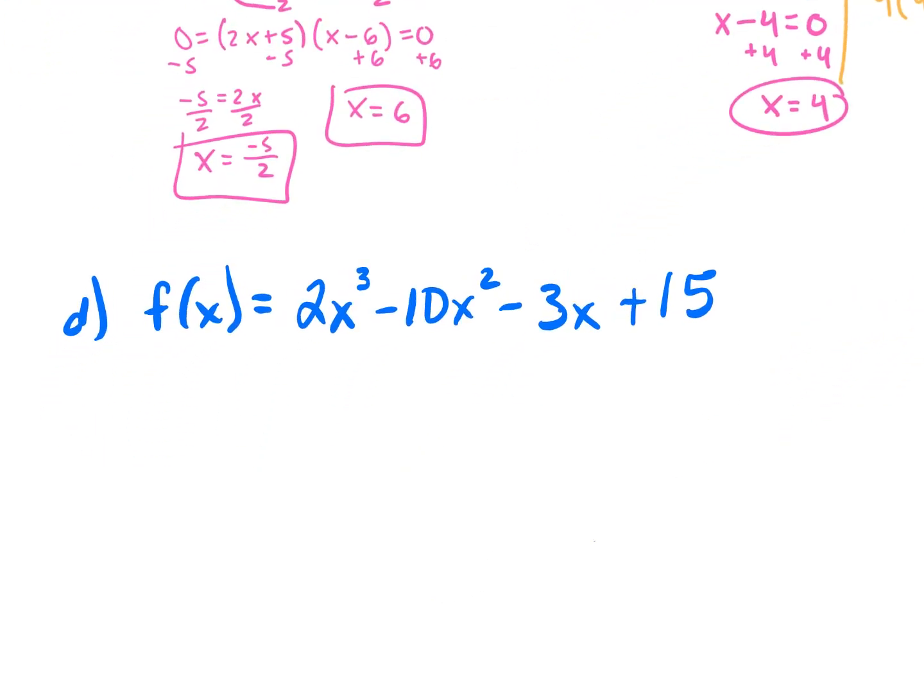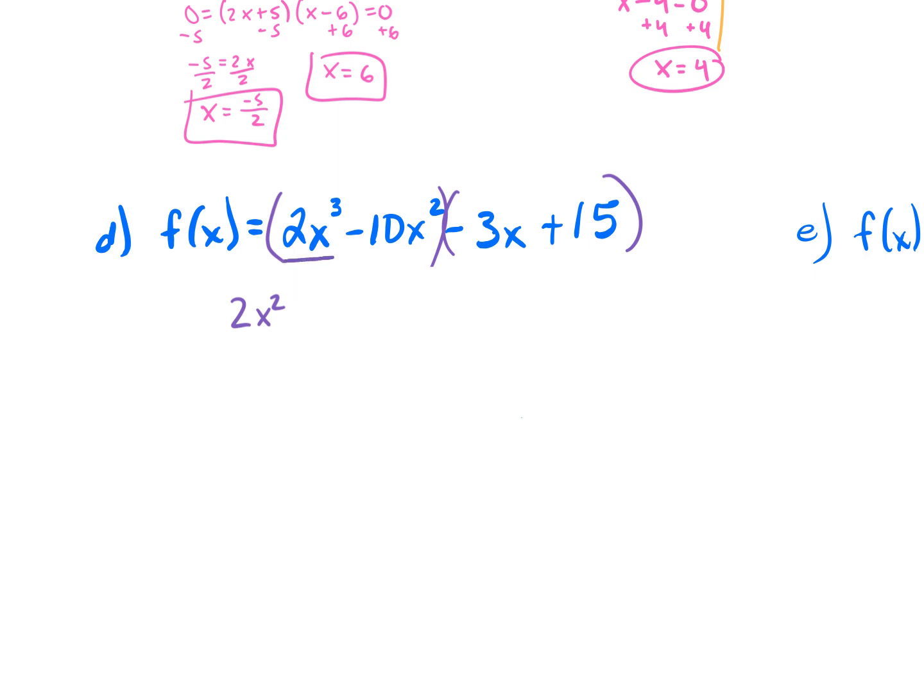For D, whenever you have 4 terms, you want to factor by grouping. So we group the first 2, group the second 2. Find if you have any greatest common factors in the first group. So I would take out 2x squared.